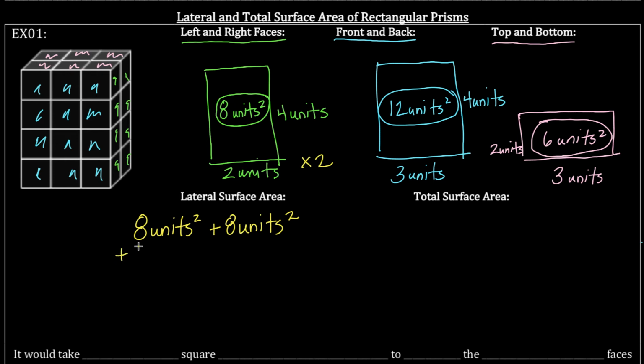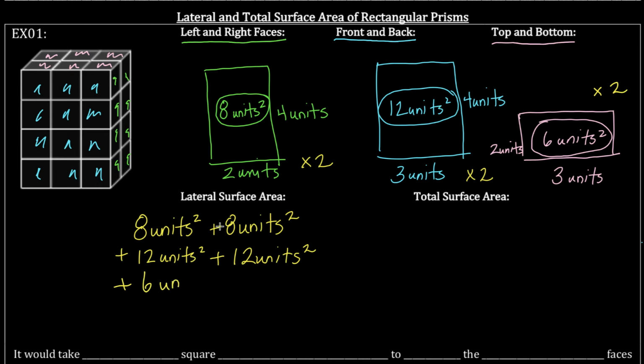Plus, there's 2 of these, so 12 units squared plus another 12 units squared, because it's the front and the back. Plus 2 of these, the top and the bottom, so 6 units squared.